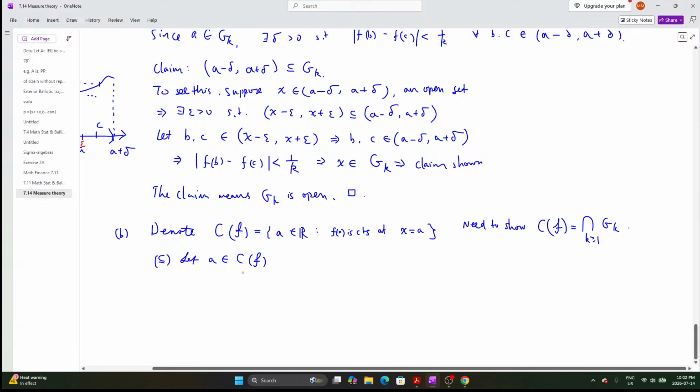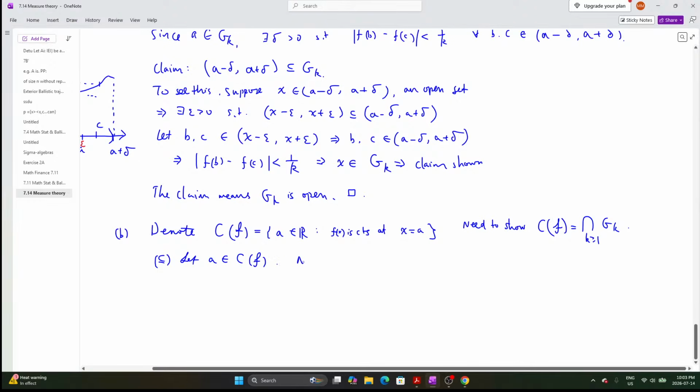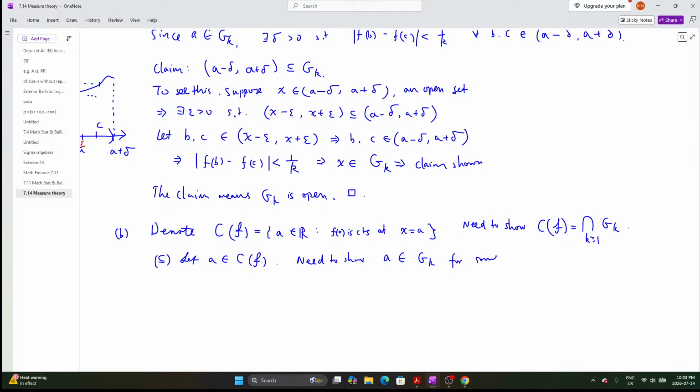Here, let a be a point at which f is continuous. So we need to show it's in the intersection. That is to say, we need to show a is in GK for some k in Z plus.